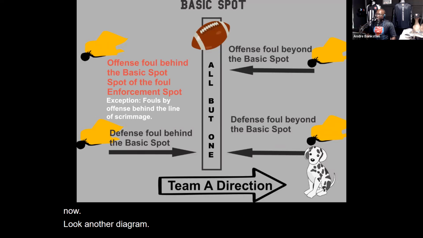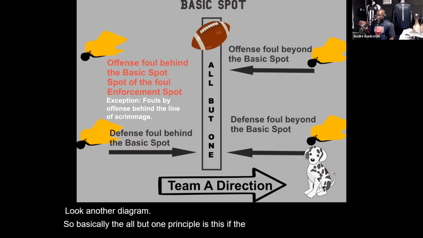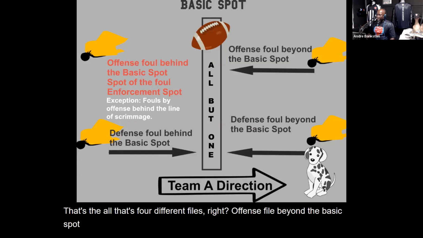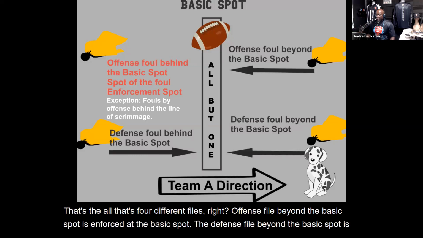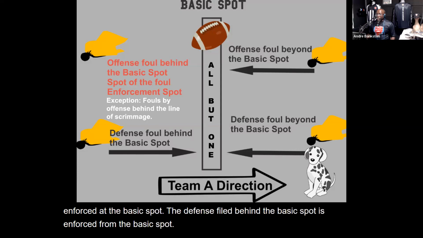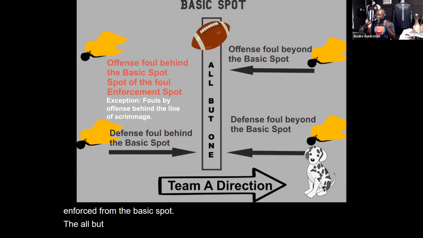So basically, the all but one principle is this. Now the all is talking about the 4. That's the all. There's 4 different fouls, right? Offense foul beyond the basic spot is enforced at the basic spot. The defense foul beyond the basic spot is enforced at the basic spot. The defense foul behind the basic spot is enforced from the basic spot. Now, the all but one is by the offense.